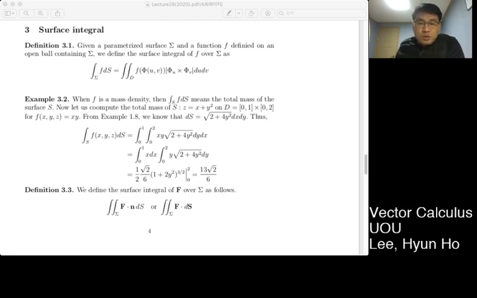If you do dy first, then this only involves y, and this is a typical substitution problem. So instead of 4y squared, you take u equal y squared, and this 2y dy is du. This is a typical change.